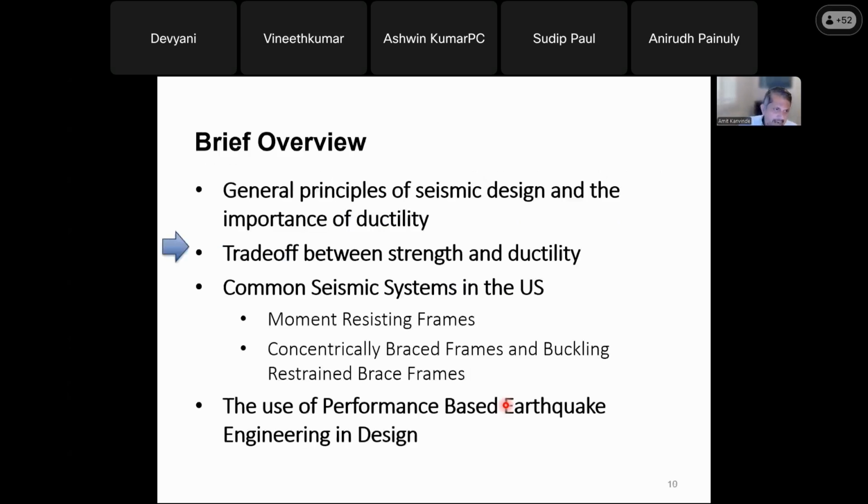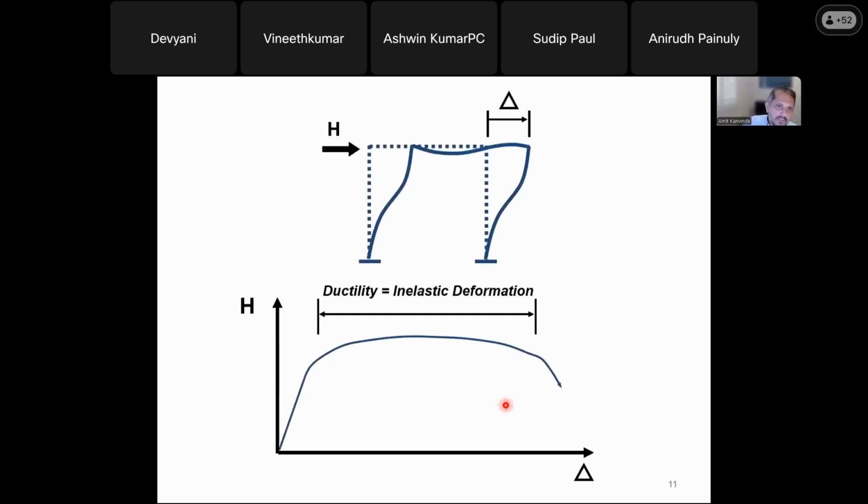And that has to do with what I think is a very important trade-off or balance between the strength and ductility of the building, right? So to talk about that, let's first get on the same page and define ductility. In loose terms, ductility is the amount of inelastic deformation a building can undergo after it starts to yield. Here I'm talking about a building, but the same concept applies to members, materials, and so forth. So, you start to get yield somewhere around here, and then you get a large inelastic plateau, right?